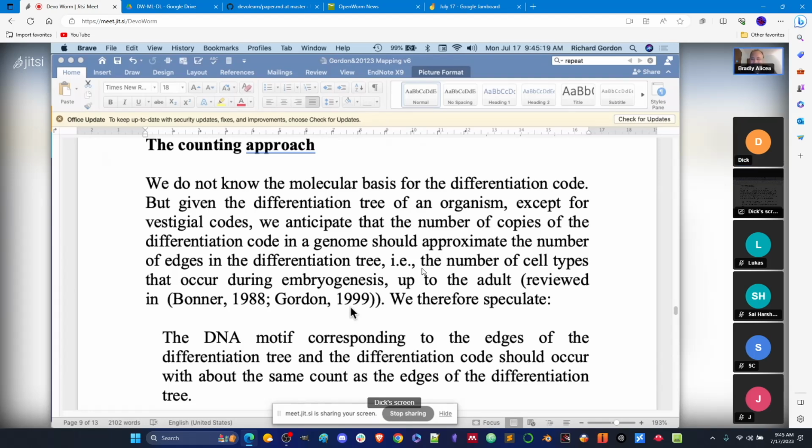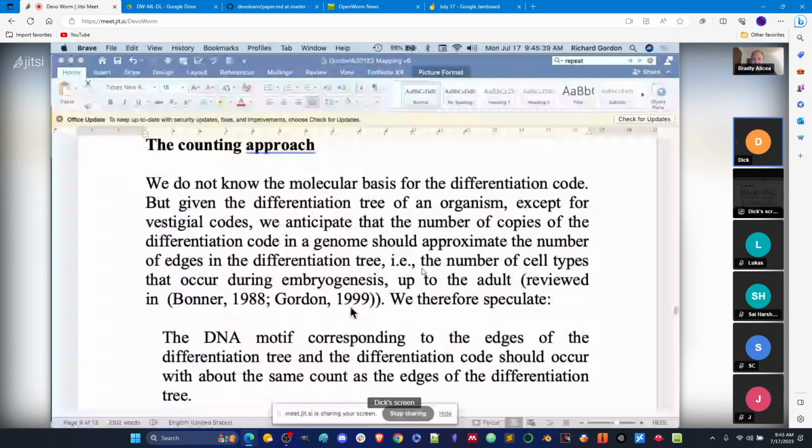Any thoughts on this? You can see where graph theory is starting to come in. This is something you can do in C. elegans versus, say, humans, because we know kind of what the cell types are in C. elegans. At least you think we know most of them.